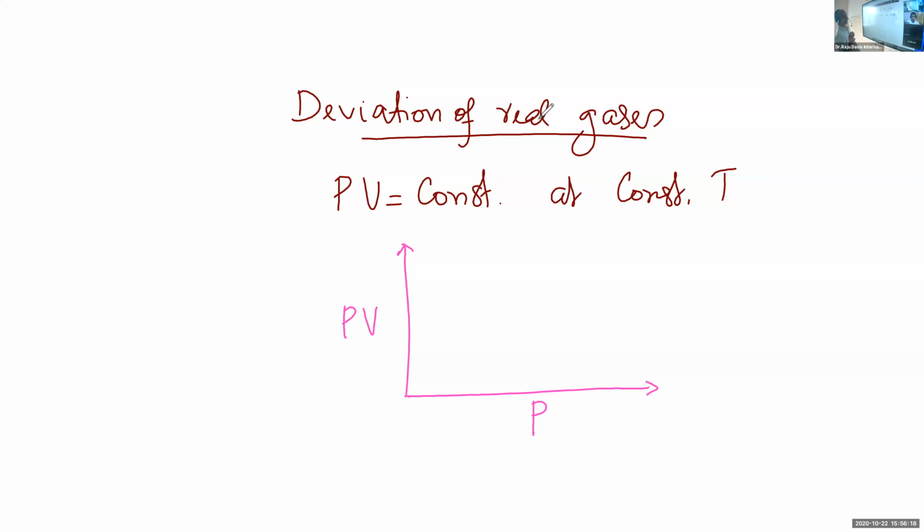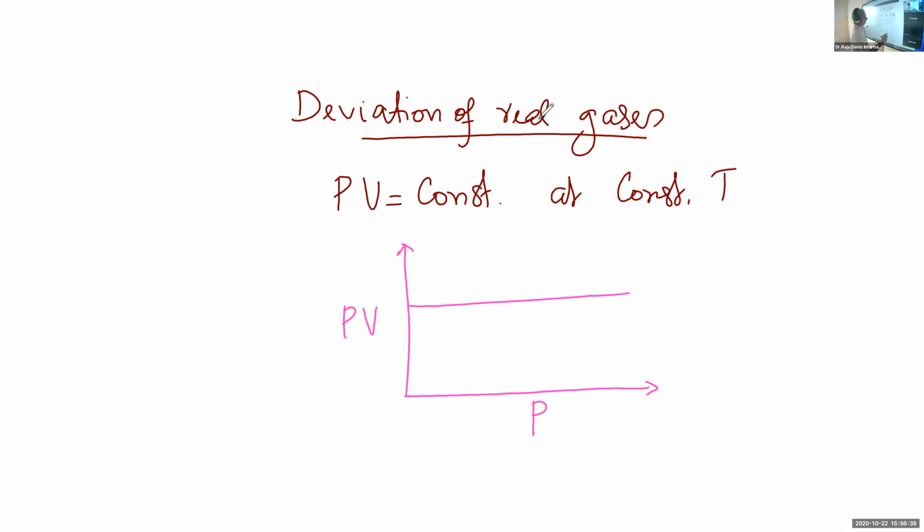Punya, do you know the nature of the graph? It is a straight line parallel to the x-axis. PV is a constant, so it should be a straight line parallel to the pressure axis.